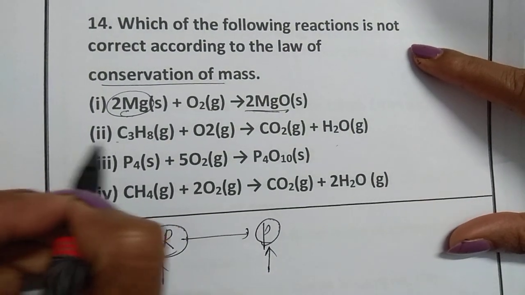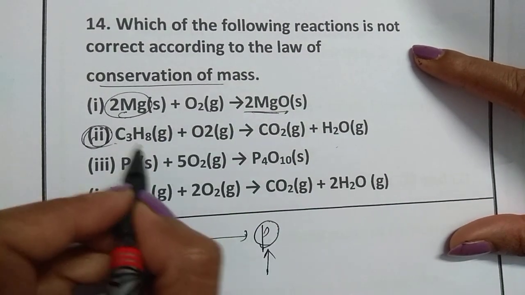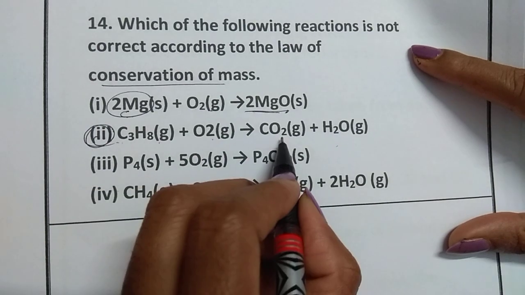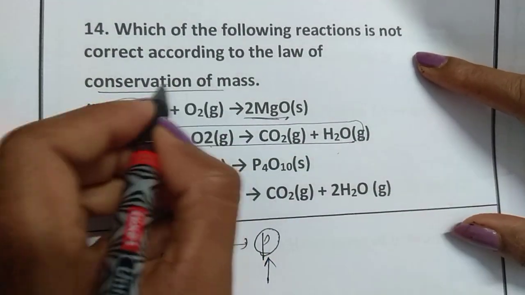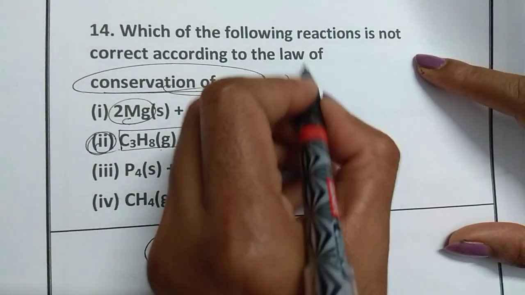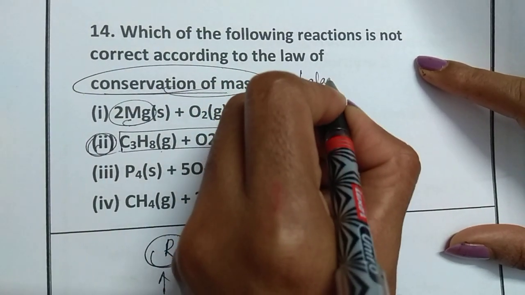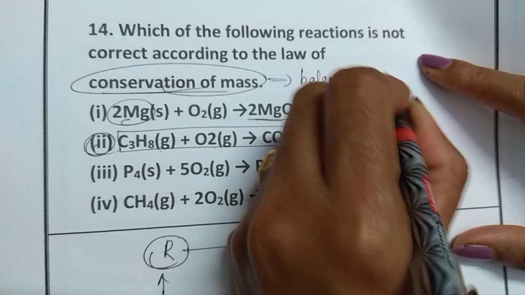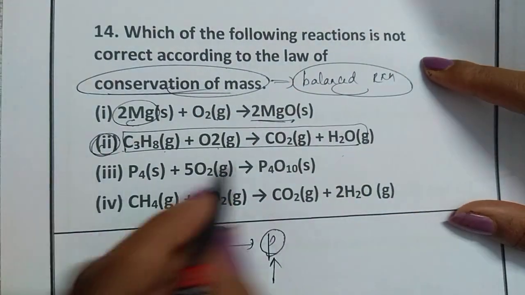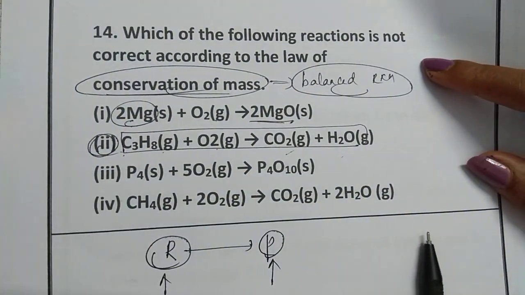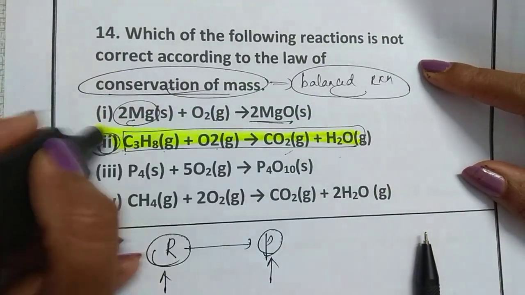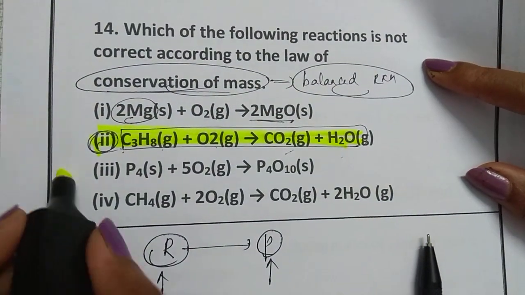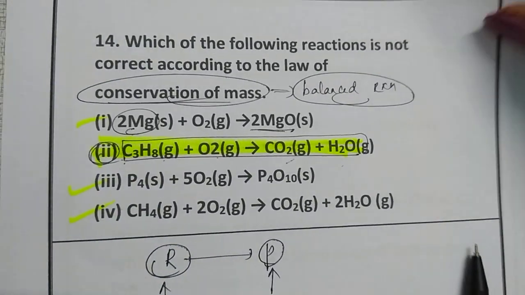And in this case, C3H8 is reacting with O2, if you observe, this reaction is not balanced. The law of conservation of mass is always for a balanced reaction. That's why the law of conservation of mass is not applicable to this reaction because it is not balanced. Remaining all are balanced, so it is applicable.